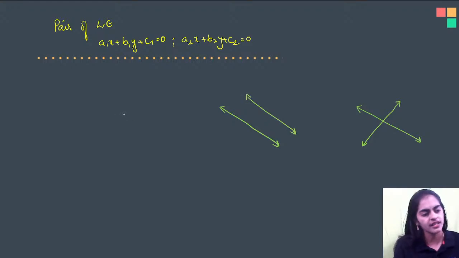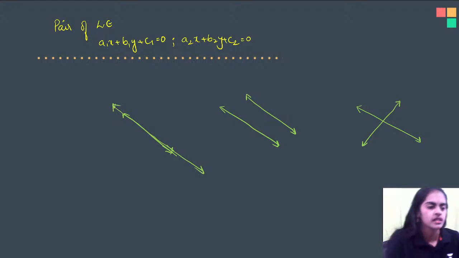Or if this is the first line, the second line could be on the same first line, which means they could overlap over each other. Something like this, they are overlapping on each other. Clear? So three conditions we discussed right now.